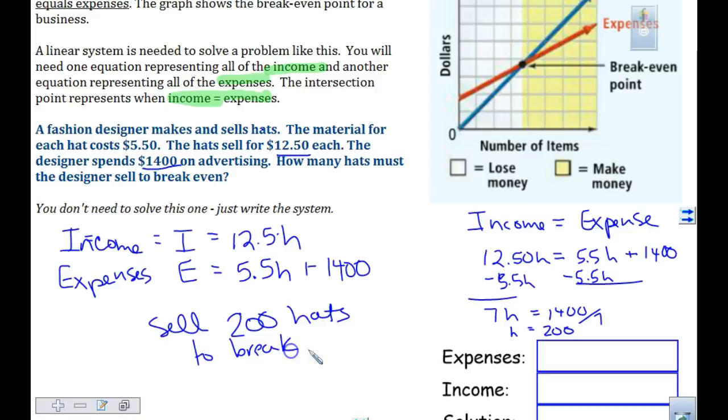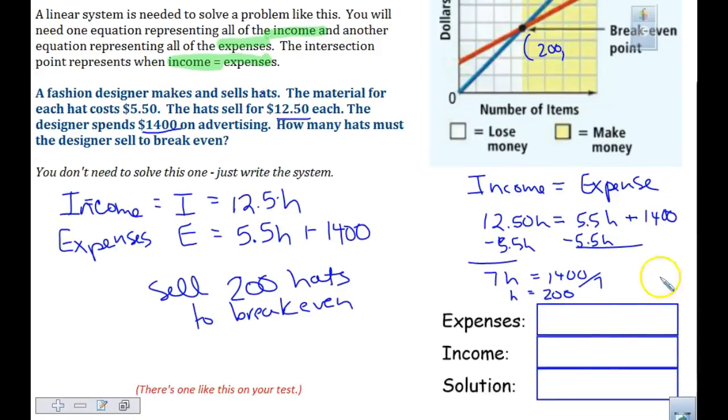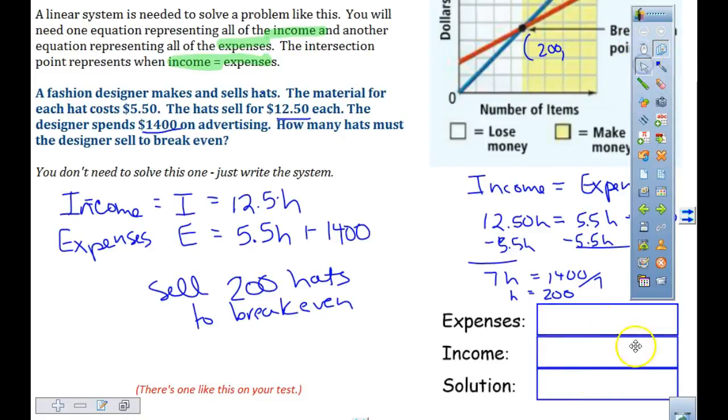Do we know how much money that is? How would you find that? What would be the easiest equation to use, first or second? The first one. Plug in 12.50 times 200, right? So this break-even point is located at 200 hats. And what do we get for our second point when you substitute that in?